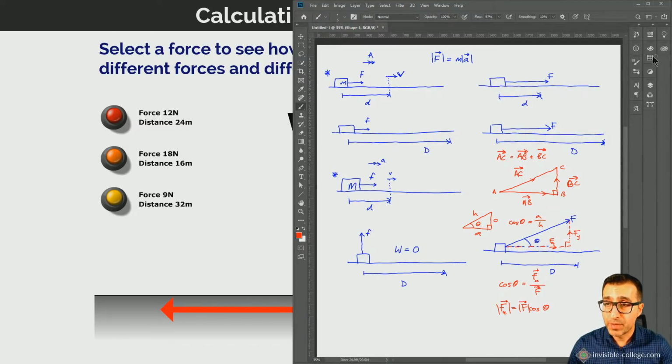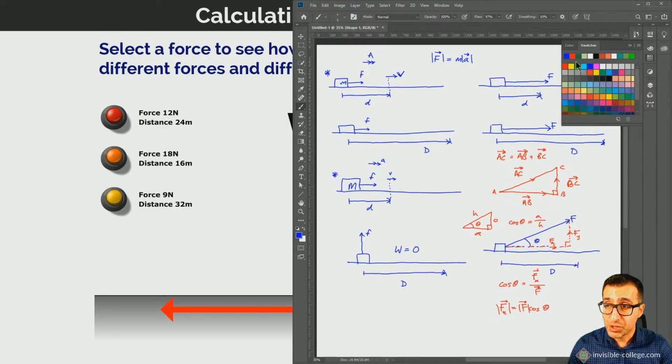Going back to the problem, we now know an expression for the magnitude of the force which is responsible for the displacement. Remember, in general, the magnitude of the work done is equal to the magnitude of whatever force is acting, if we're going to be rigorous about it, multiplied by the magnitude of the displacement.